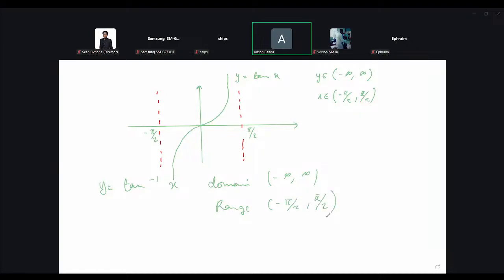So that is how these graphs are related. Let's look at one or two examples. The other trigonometric functions, like the secant, the cosecant, and the cot, can also be defined in a similar manner by restricting the domain.